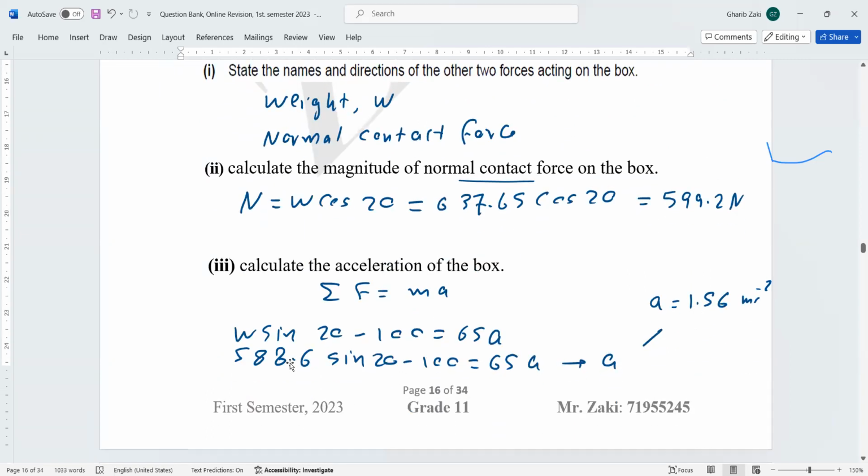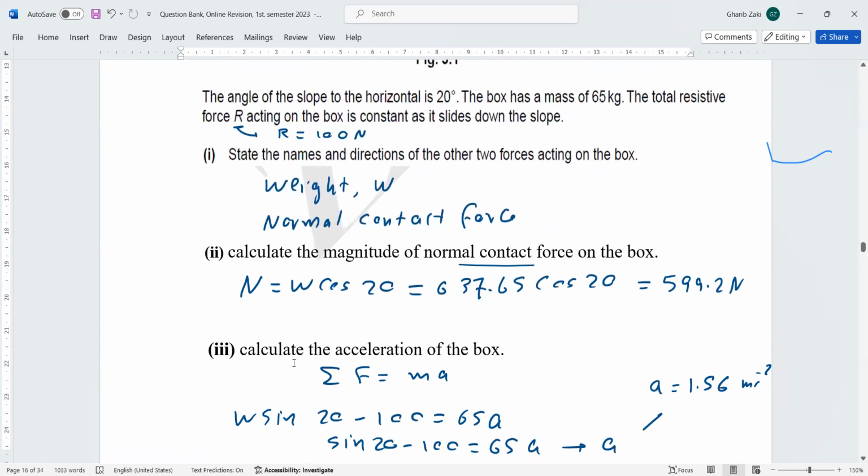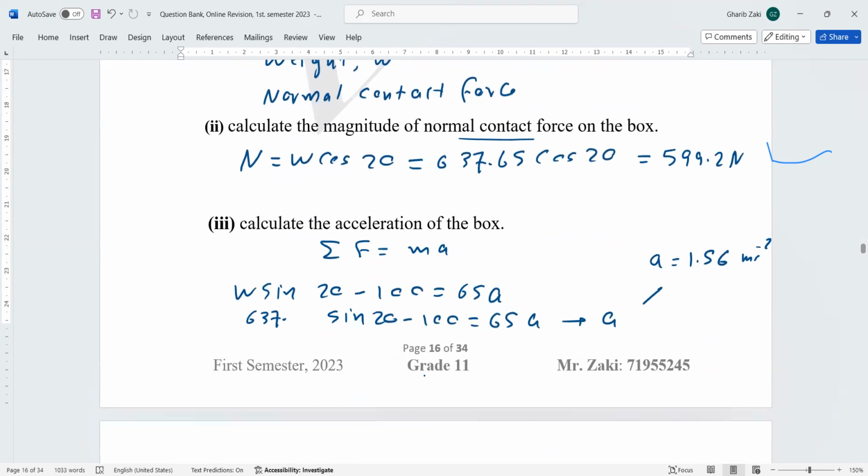Okay, here, the weight is not that. So here the weight is 637.65. So 637.65 multiply sine 20 minus 100, divided by 65.